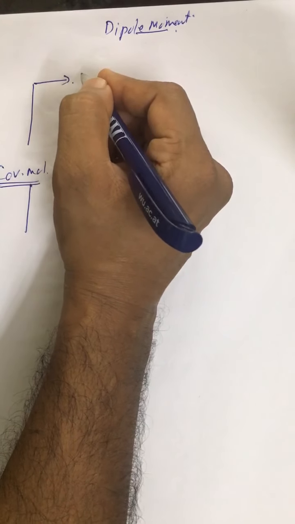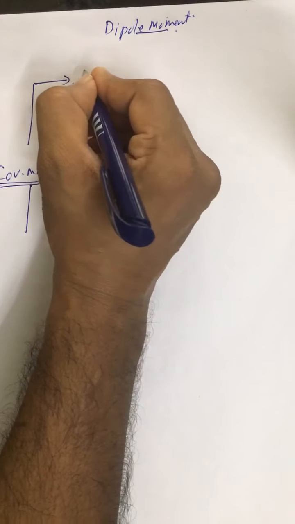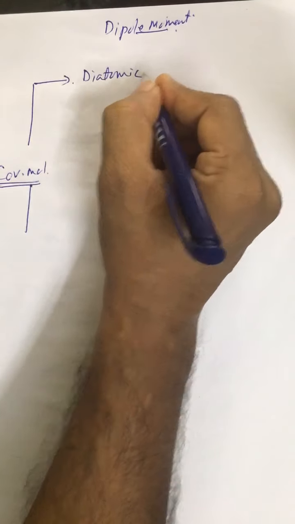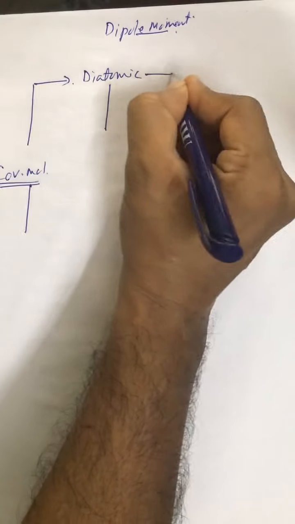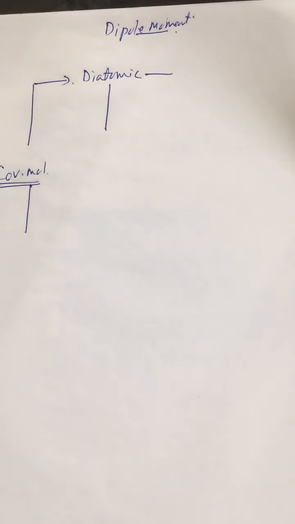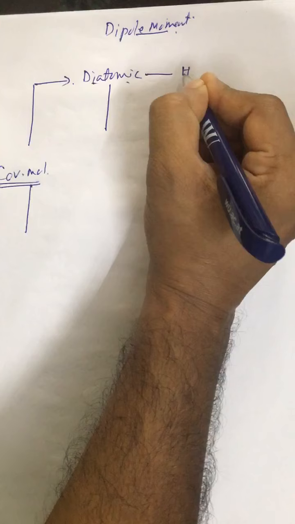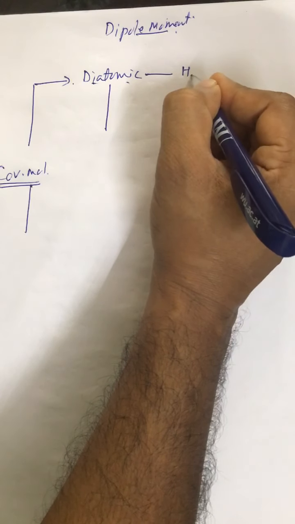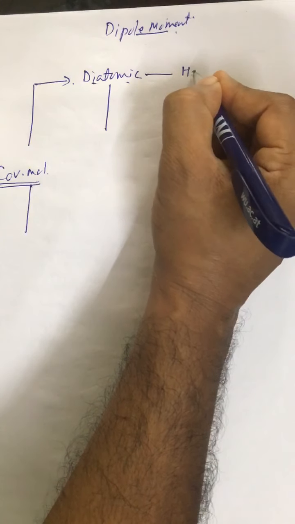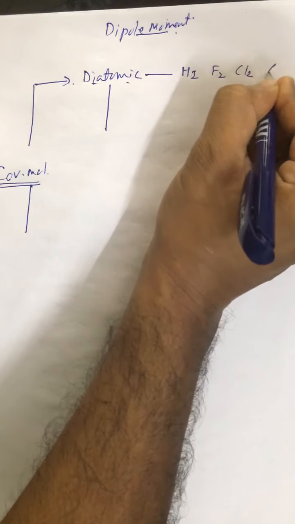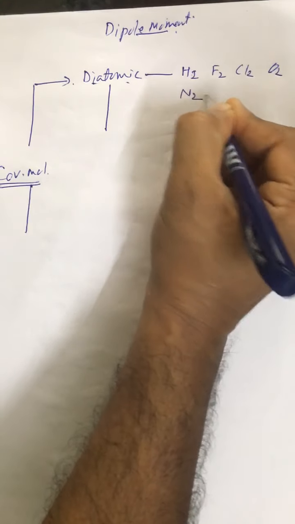The first group is diatomic species, meaning molecules in which we have only two atoms. Diatomic species are again divided into two groups. First, molecules which contain similar atoms, like hydrogen, fluorine, Cl2, oxygen or nitrogen.